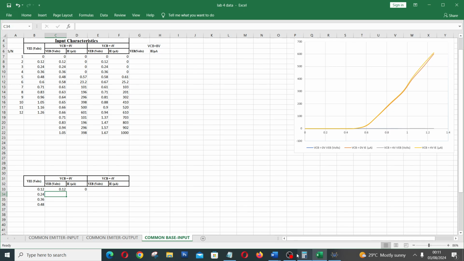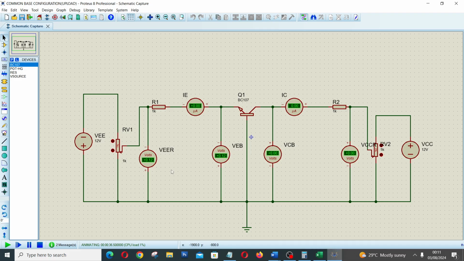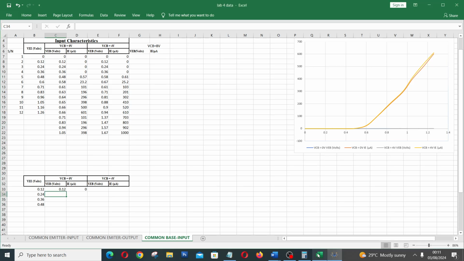So we iterate the value by one more step. When VEE is equal to 0.24, VEB is equal to 0.24, IE is equal to 0.00. So we record the value, 0.24, 0, and we go to the next one.